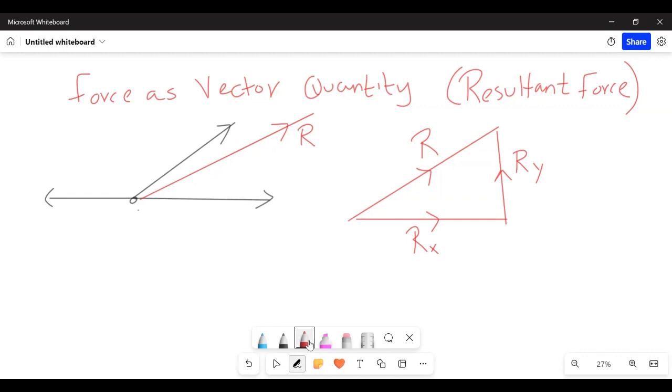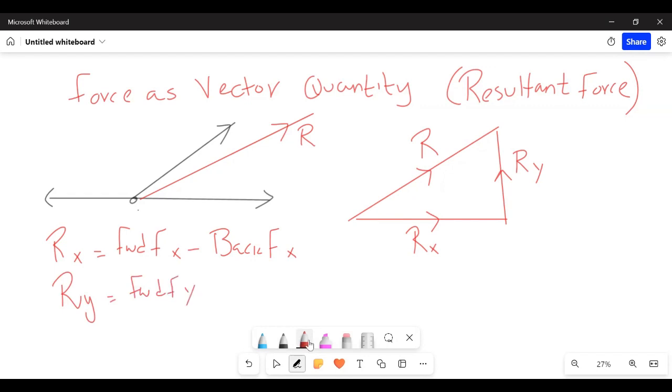Okay, Rx equals forward forces in X direction minus backward forces in X direction. And Ry equals forward force in Y direction minus backward force in Y direction.